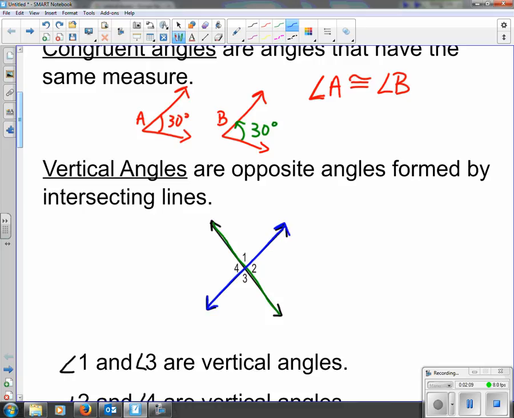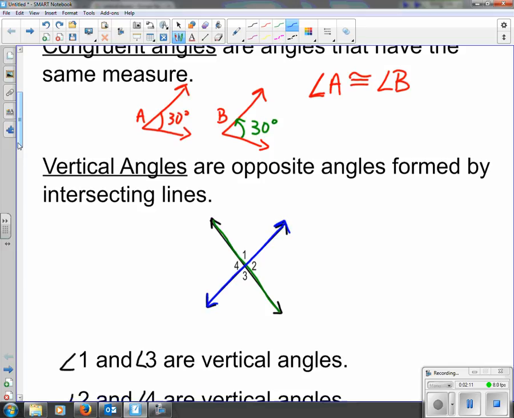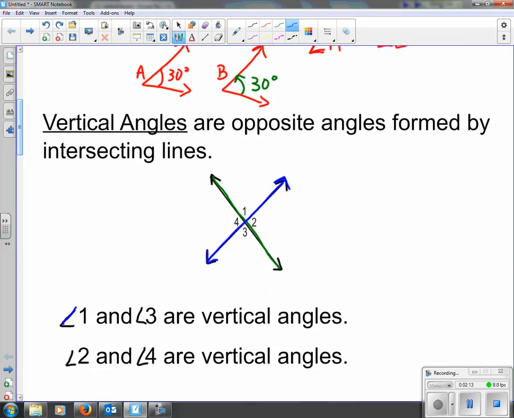Angle 1 and angle 3 are vertical angles. Angle 2 and angle 4 are vertical angles, even though angle 2 is on the horizontal side.